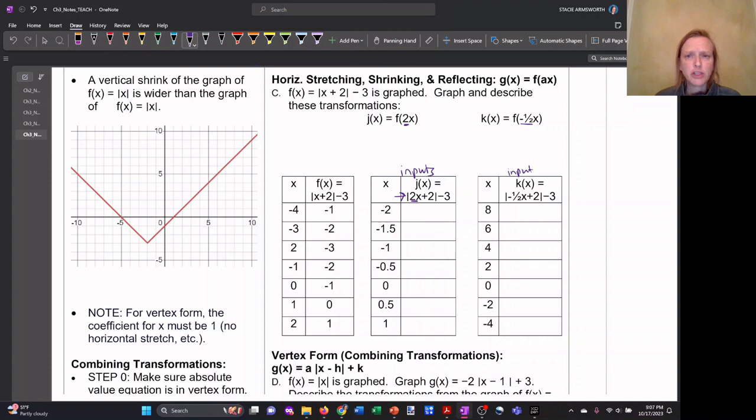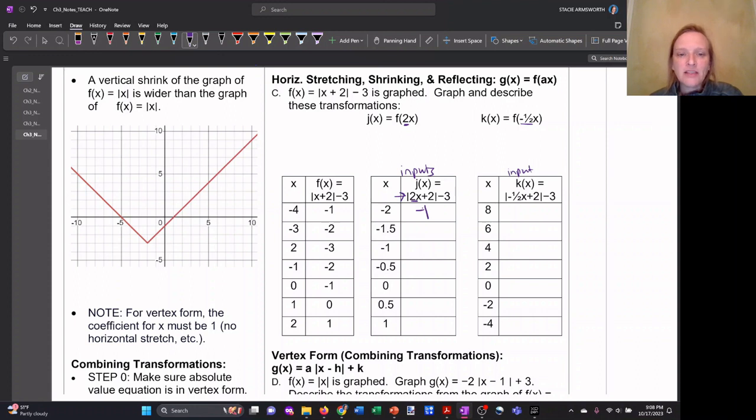So if I plug -2 in here, -2 times 2 is -4, plus 2 is -2. Take that absolute value and it's 2, subtract 3 gives me -1. If it helps you to evaluate these on your calculator, remind yourself how to plug in those absolute values into your calculator, then that's a great strategy.